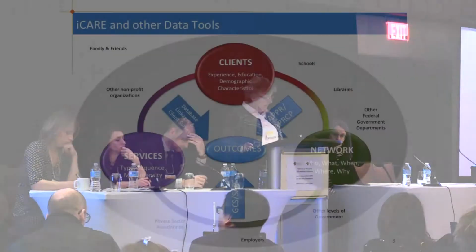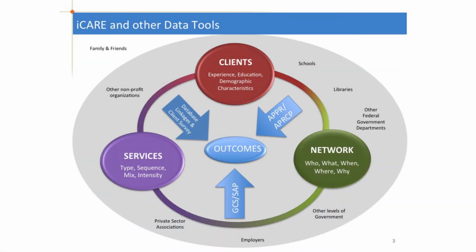The network is a little different, but we do have a description of the federal service provision network across the country. We know how it's split out geographically, and we'll come to that in a bit.